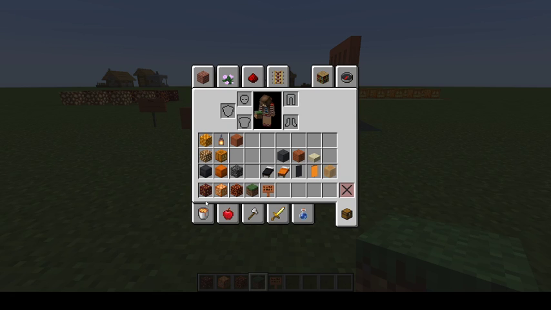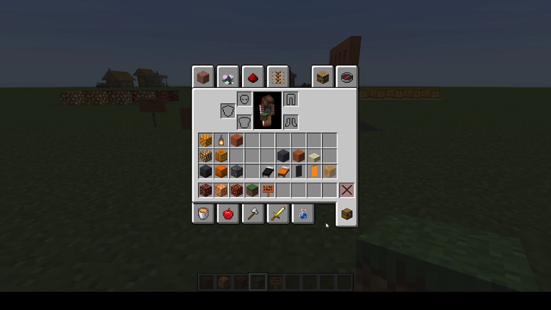But here's what we're going to use today. We're going to use nether gold ore, shroomlight, and a magma block. And we're actually in 1.16.2 for the Minecraft version. For those of you that haven't seen some of these newer blocks, that is actually in 1.16.2.